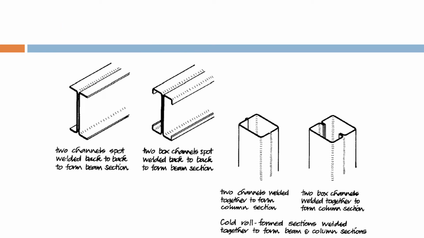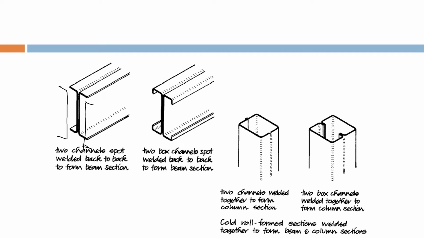I section and T sections can also be made using two channels spot welded back to back to form a beam section. So they've used two channel sections and attached them like this to create an I section.